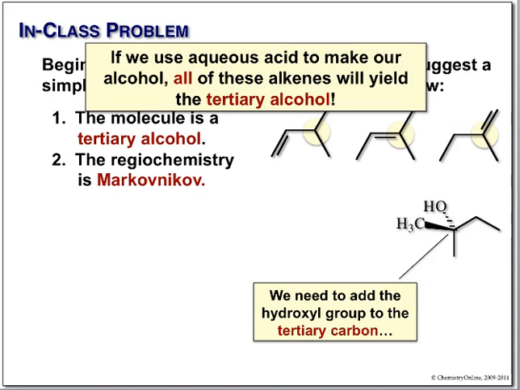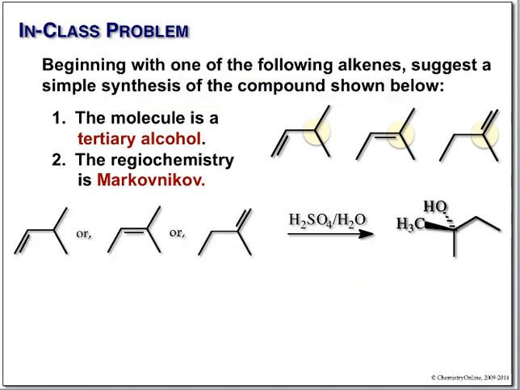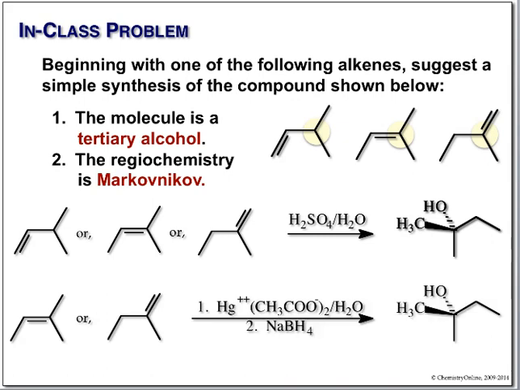So once again, if you simply wrote down any of these guys, strong acid and water, you could even put just H plus H2O, you would make this alcohol. These two would add directly. This, we would get a rearrangement to get the alcohol. We could do this in a more civilized way.